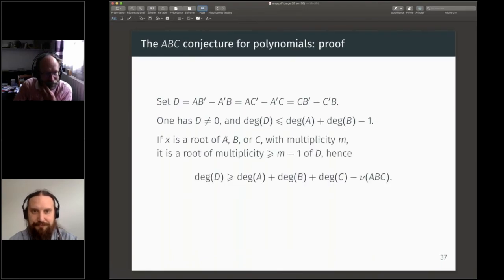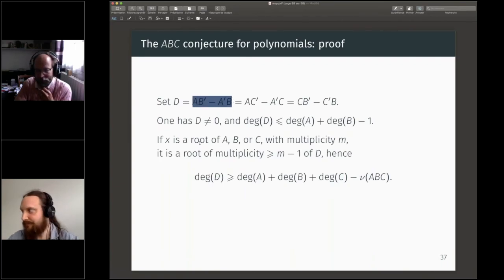Now, if I have a root of one of those polynomials a, b, c, with some multiplicity m, imagine that it is a root of multiplicity m of a. It will be a root of multiplicity m of this factor, and this root will have multiplicity m minus 1 in the derivative, and possibly not be a root of b. So it will be a root of multiplicity m minus 1 of d.